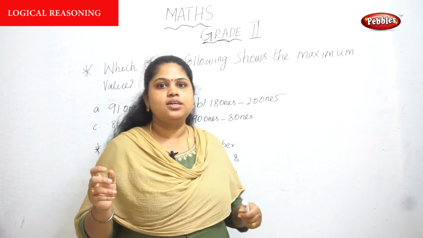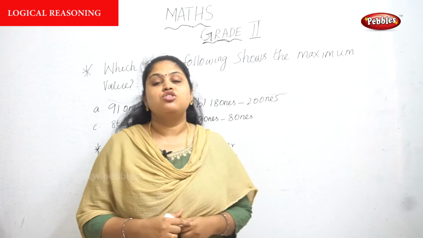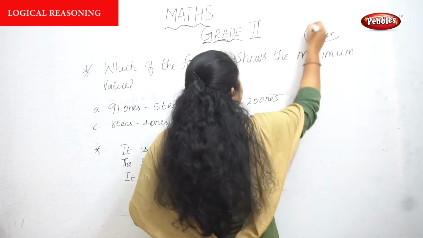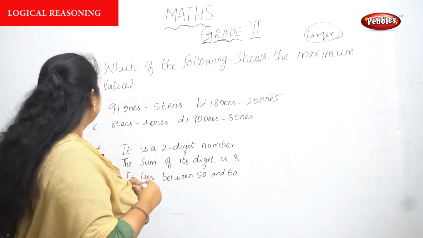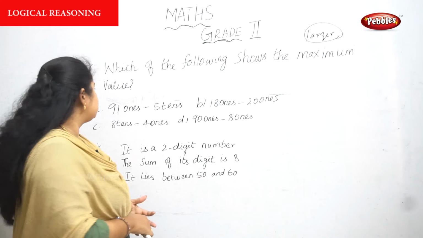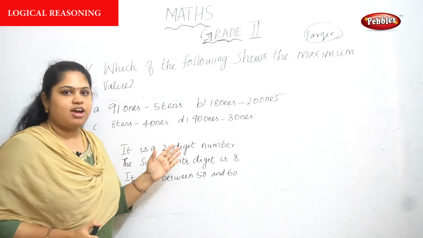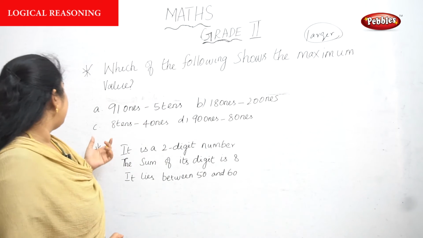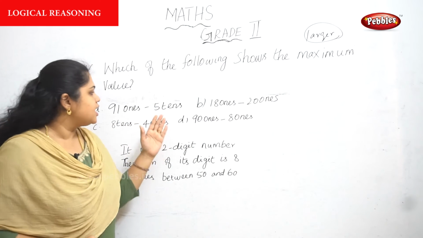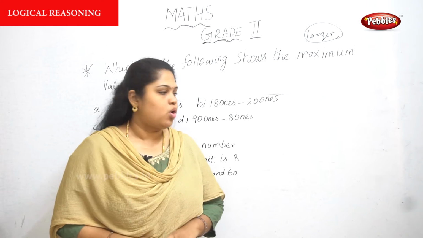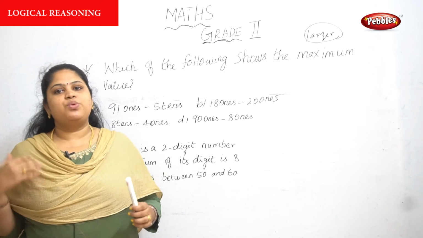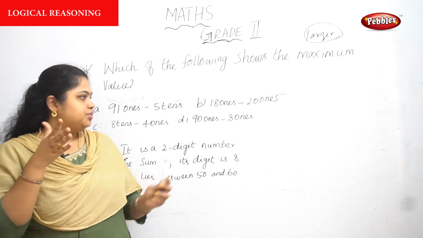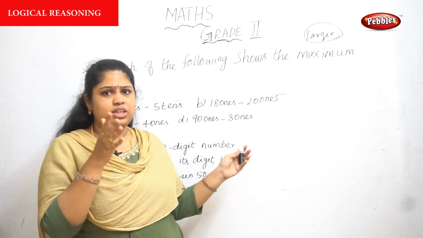So what are they asking here? A maximum, so a larger number. The first option is 91 ones and 5 tens, 18 ones and 20 ones, and 8 tens and 4 ones, 90 ones and 8 ones. Here they have given subtraction.